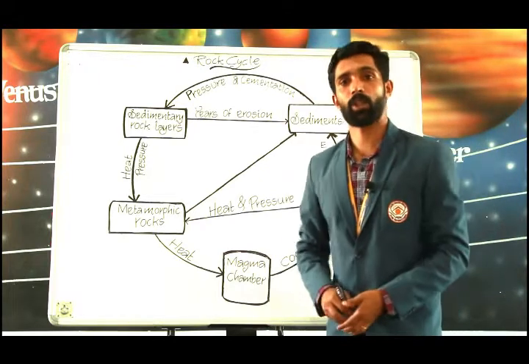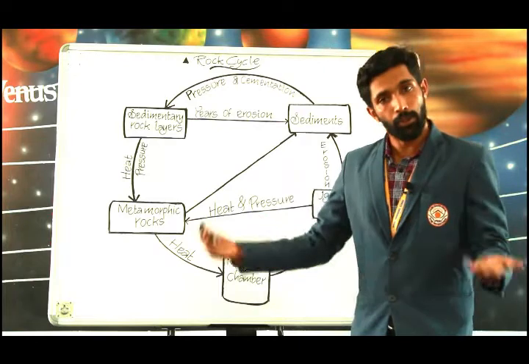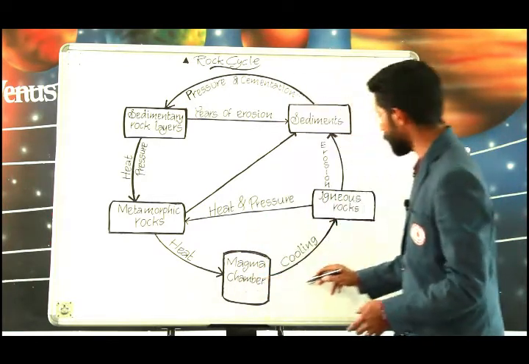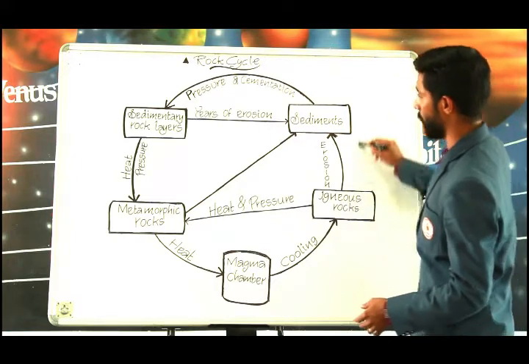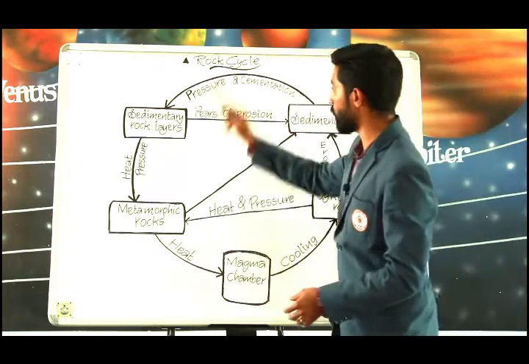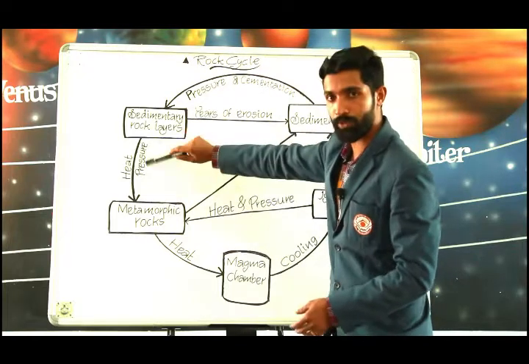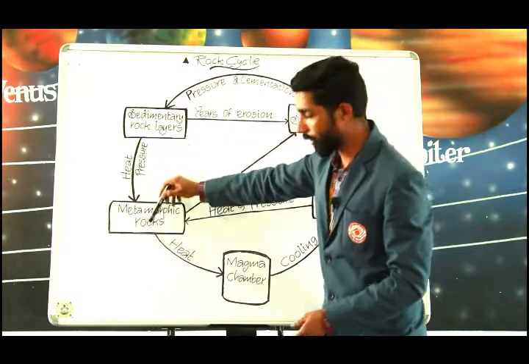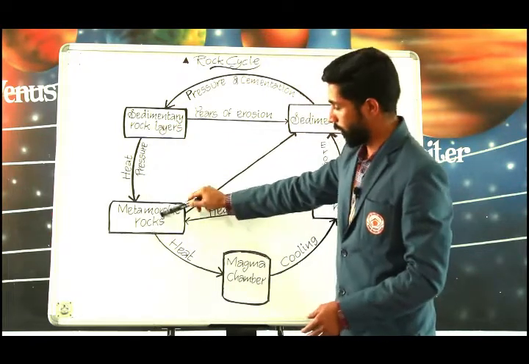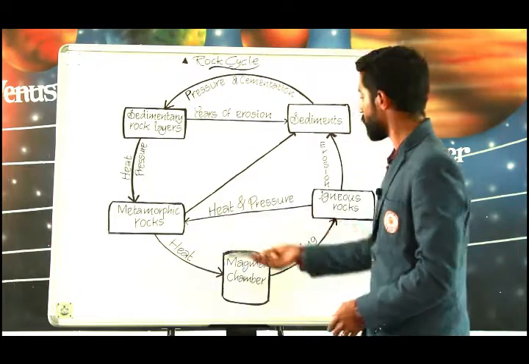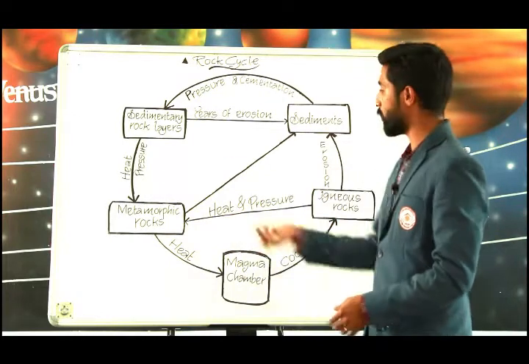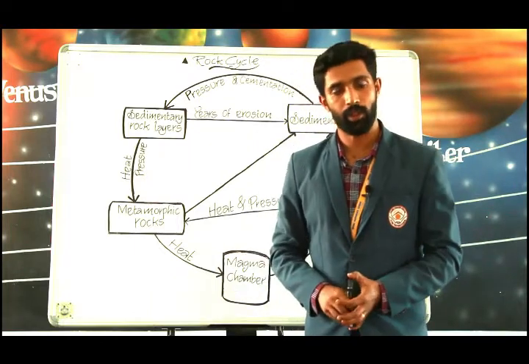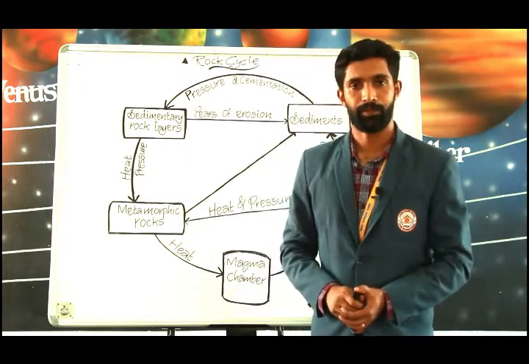When rocks are melted by heat, new magma is formed. Again it is coming here. So from the magma chamber to igneous, then sediment, then sedimentary rock, and igneous and sedimentary rocks, because of the heat and pressure, will change into metamorphic rocks. Again due to the heat and pressure, it will become magma. So this cycle keeps on going. The rotation keeps on going. Clear? So this is called what? Rock cycle. Very simple.